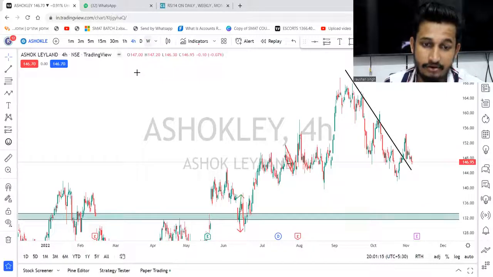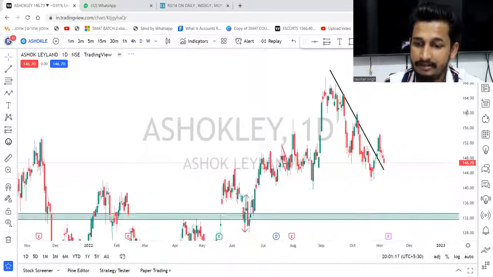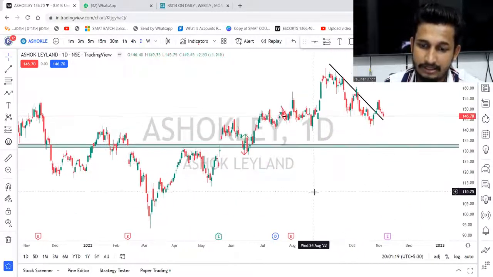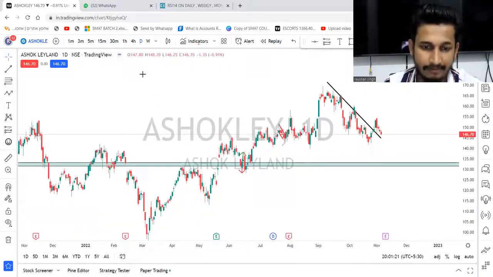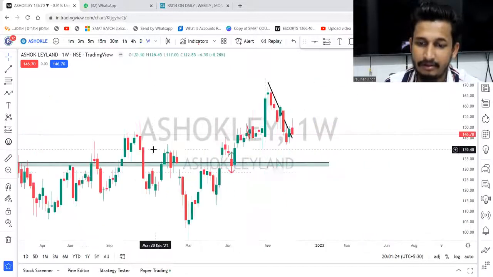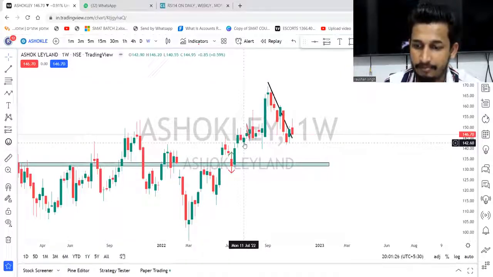We also need to do a lot of multi-time frame analysis, which we can check in the weekly time frame also. And the stop loss, we can keep somewhere around 142.